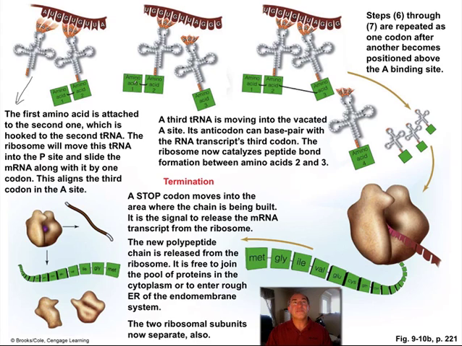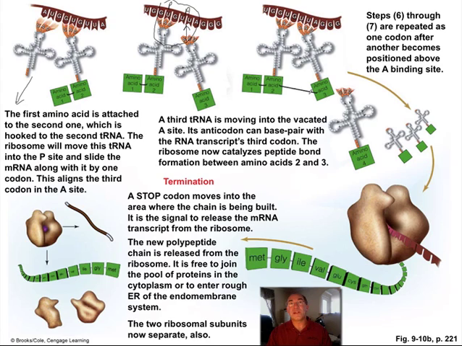Once that first transfer RNA is free, the ribosome now moves such that it goes down 3 bases. And so this is now the P site, and this is now the A site. And so the polypeptide is pinned to the P site, and amino acids arrive at the A site.